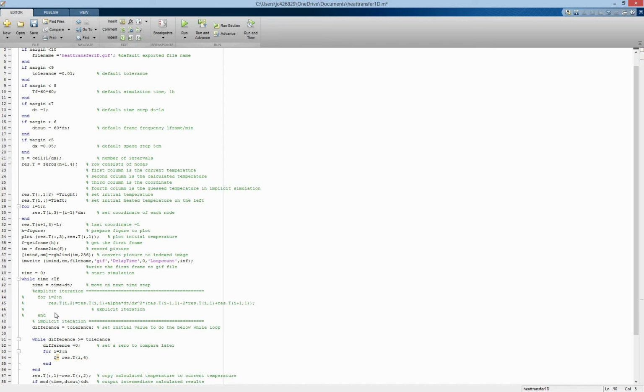I try to use the Newton iteration to solve for this f. So firstly, I have to guess some value. I guess there is no change in temperature. So I copy the temperature in the second column to the fourth column. And I use the implicit equation.